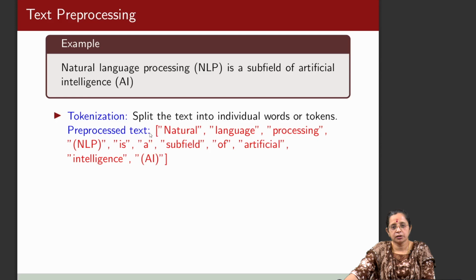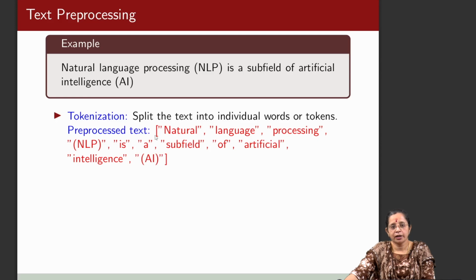This is the pre-processed text, where natural appears first, language appears here, NLP, processing appears here. NLP is a subfield of artificial intelligence. So each word is called a token here. So if you see 1, 2, 3, 4, 5, 6, 7, 8, 9, 10, 11.